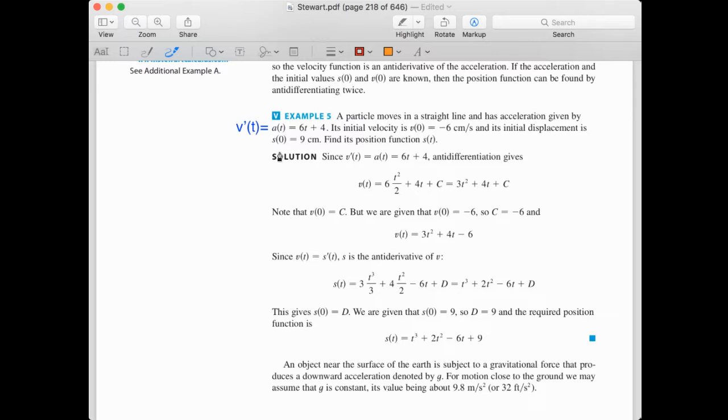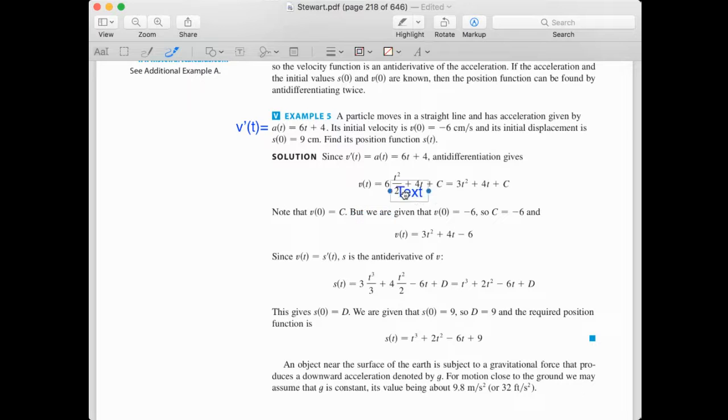Its initial velocity is v of 0 equals -6, and its initial displacement is s of 0 equals 9 cm. So we're given 1 point for the velocity, right? Velocity, what is the velocity?